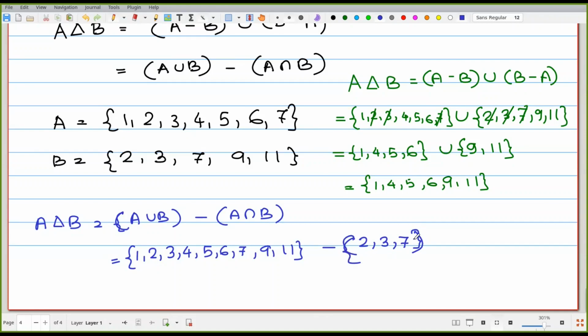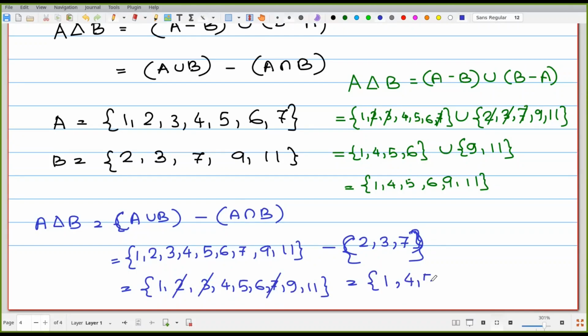Subtraction means removing the intersected part. So once again, writing 1, 2, 3, 4, 5, 6, 7, 9, 11 minus 2, 3, 7, it becomes 1, 4, 5, 6, 9, 11. Both are the same. So in that way, we can find the symmetric difference.